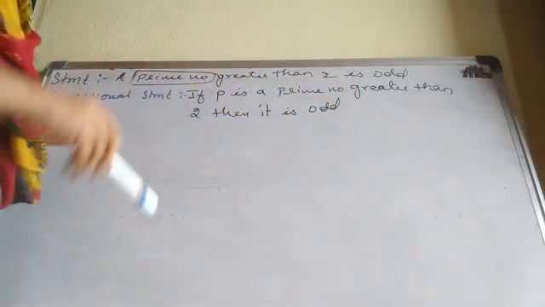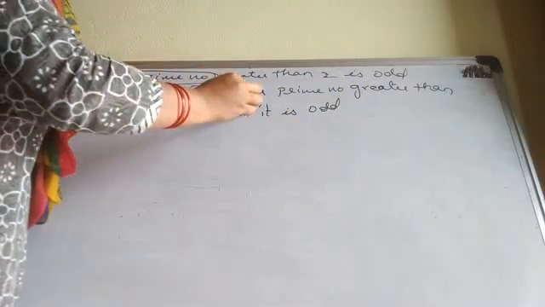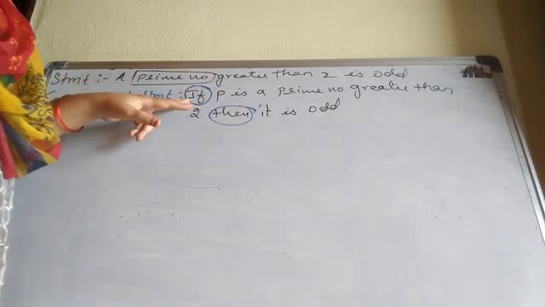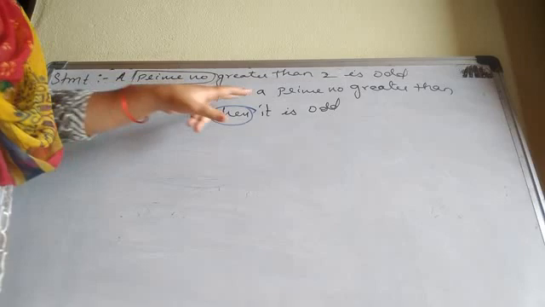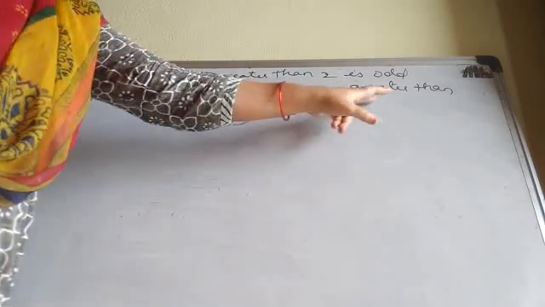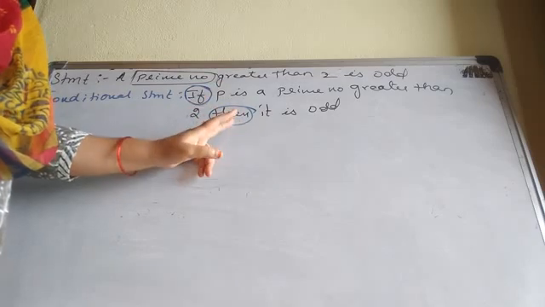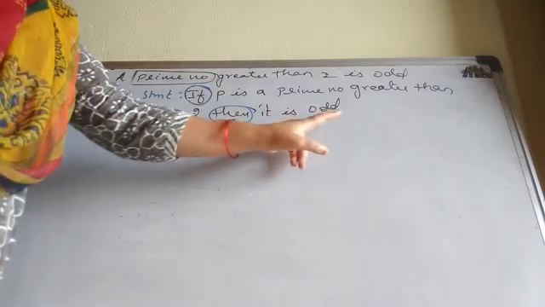Students, see, it is a conditional statement or not? If is there, then is there. This if part is called the antecedent. Antecedent means given. The then part is the consequent. Consequent means to be proved.